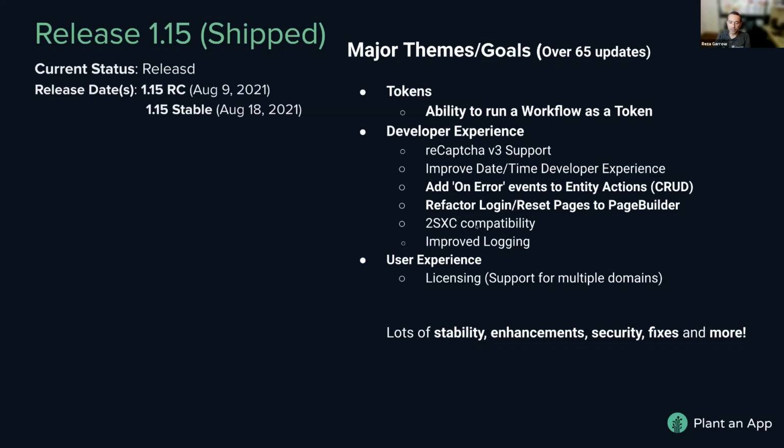I know that there were several people in the community that are using Too Sexy Content, a really cool third-party module for doing content management, we'll say. Very modern layouts and things like that. There were some issues in the way common code between Plant an App and App Builder and Too Sexy were kind of competing and looking for things in different places.